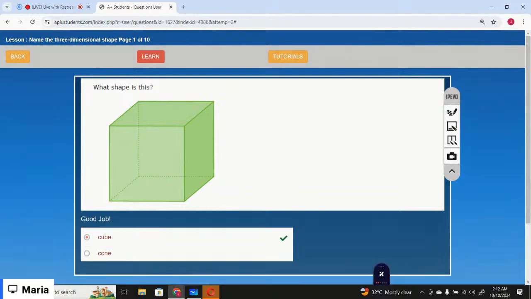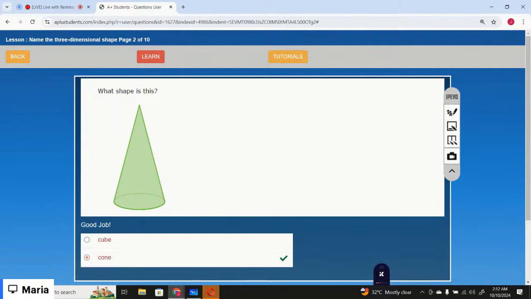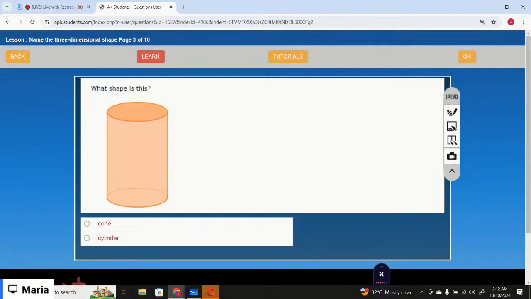Okay, the next one is what shape is this? Which is the correct option? Cone it is. The correct option is cone. What shape is this?